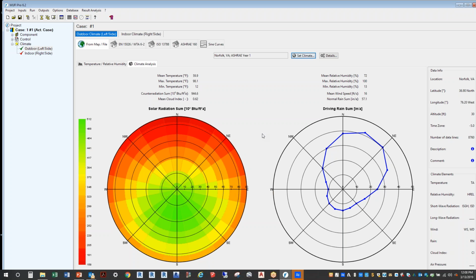Well, green is the highest values, right, and this is south facing. And it's just showing you how much solar radiation gain you're going to have based on that orientation. That makes sense. Yeah, so you're going to get the majority of your sun from the direct south, and you'll get some even west and northwest. So that makes sense.